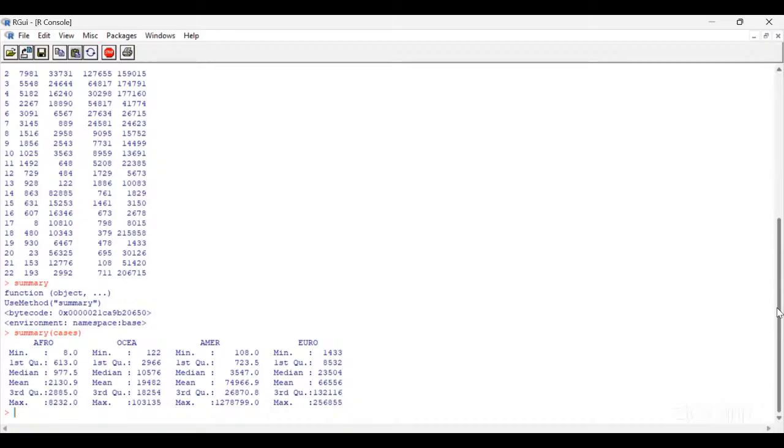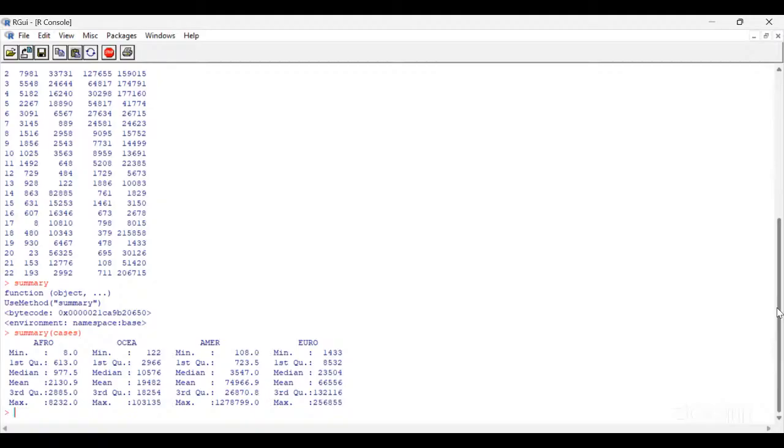The other thing you can do, after looking at the means, now we want to start running the ANOVA.